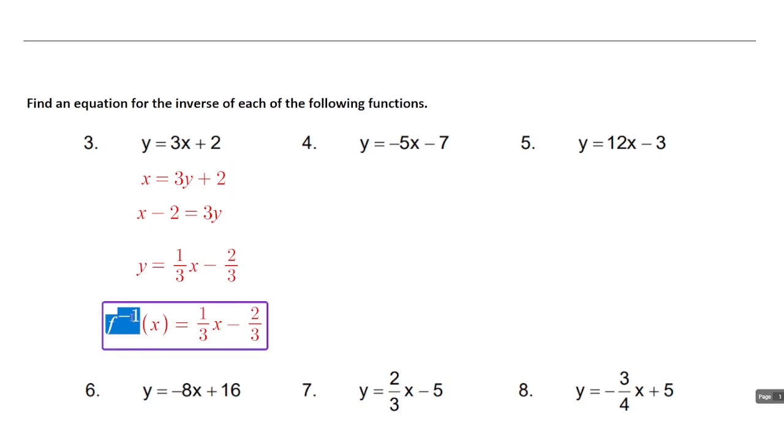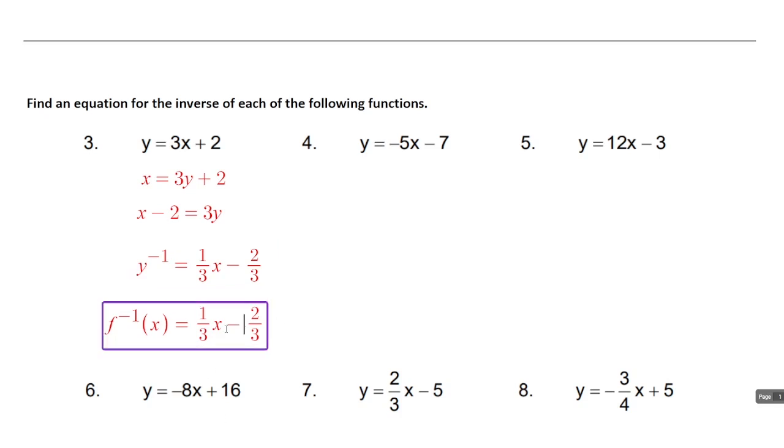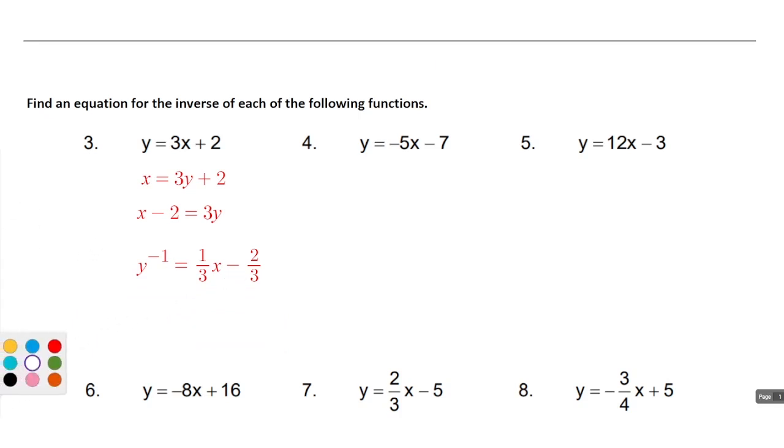The fact that I'm calling it the inverse of f is a little misleading because this original function was not called f. It's just called y. So maybe what we should do here is just call this the inverse of y and not even bring f into the equation. Basically what this is saying is that 1/3 x minus 2/3 is the inverse of this function y.